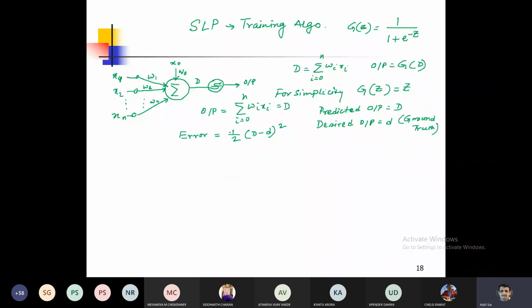So here we can see that exactly here also we are trying to do it in this way.